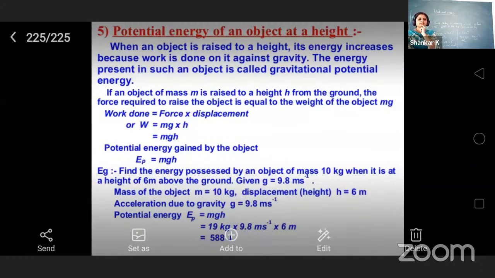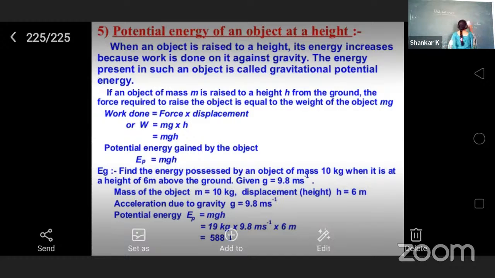So for an object of mass m raised to a height from the ground, the force required equals its weight. So W is equal to mg into height.